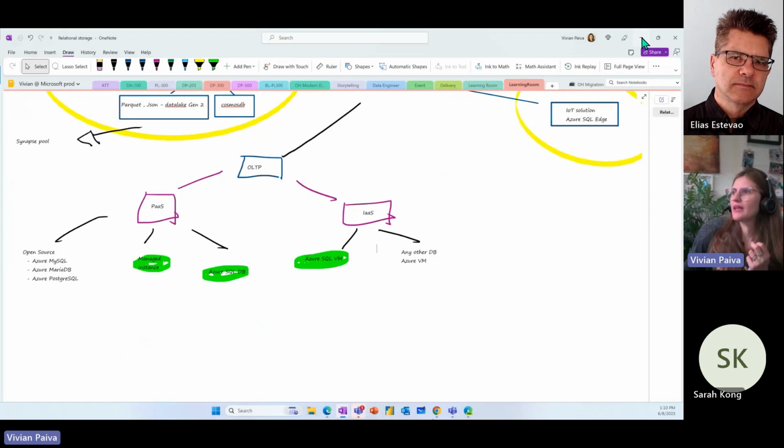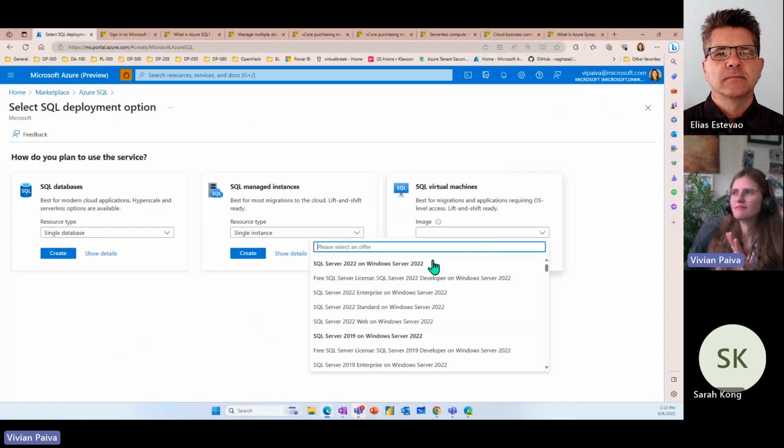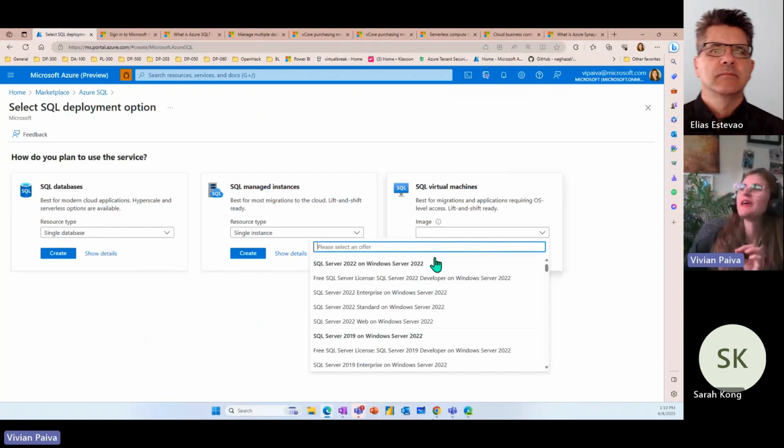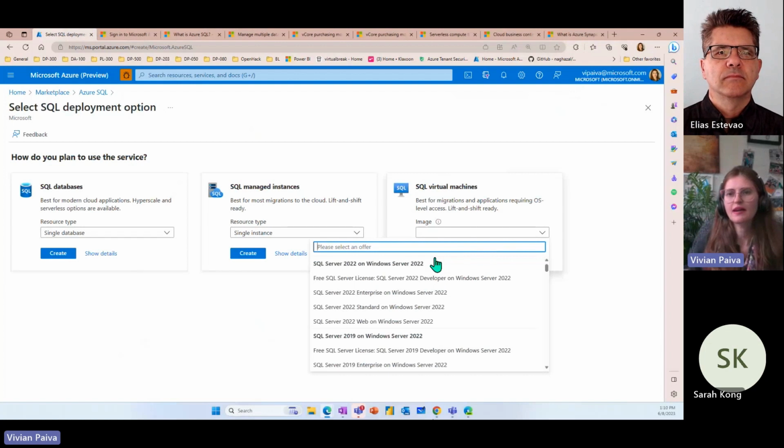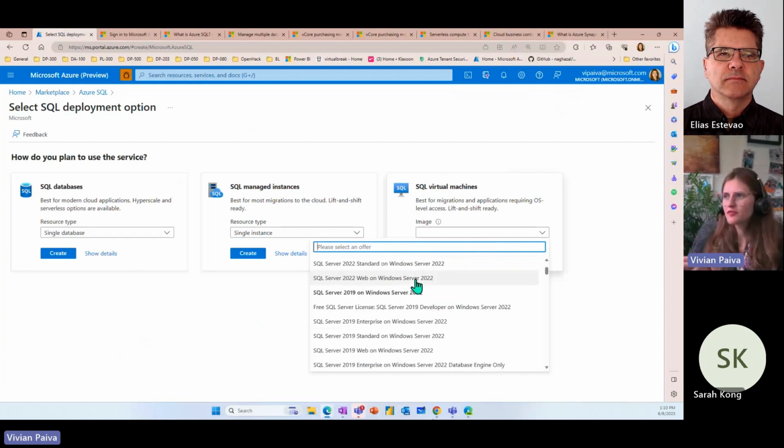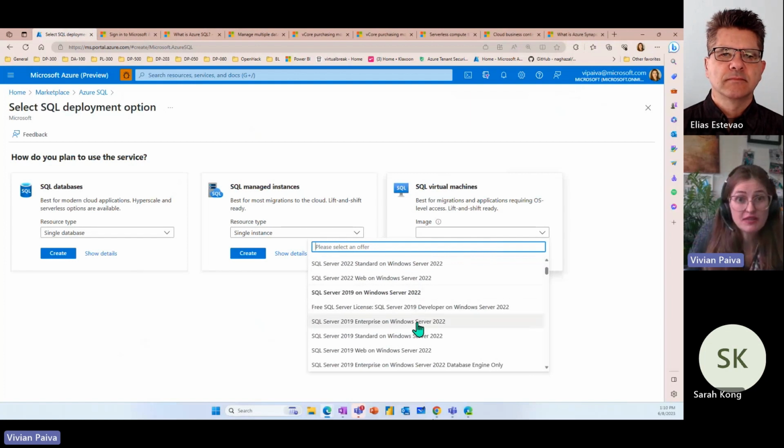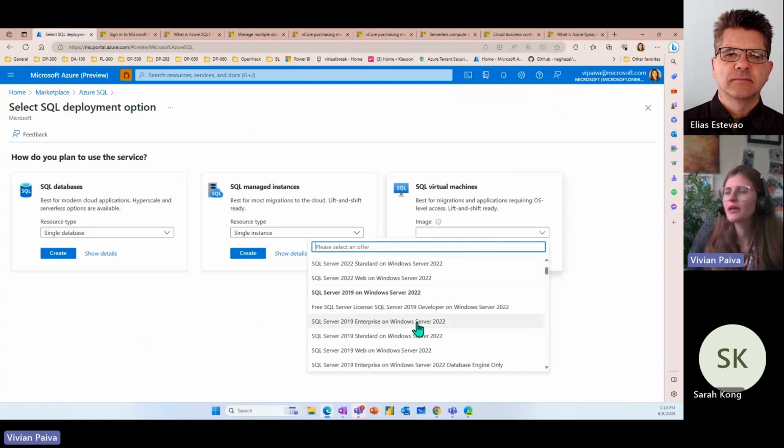attention to is when we create IaaS, just a side note, when we are working with IaaS, the same as our virtualized or on-prem environment, we have lots of flexibility to choose the version of SQL that we want to deploy and the operating system.